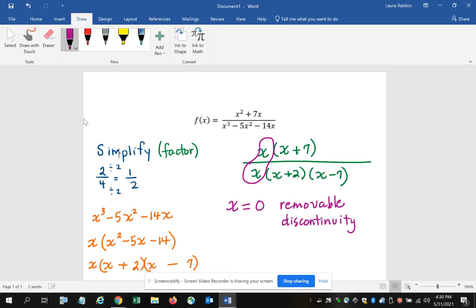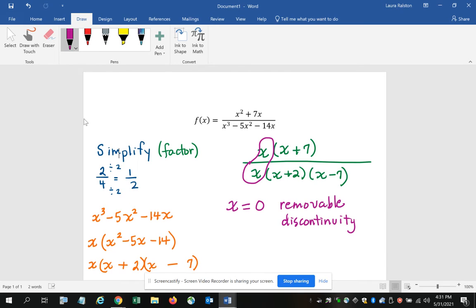Removable in the sense that it divides out when I simplify the rational expression. But I still could not use 0 in the original function. So that's why it's a discontinuity. It means I can't really use that point.